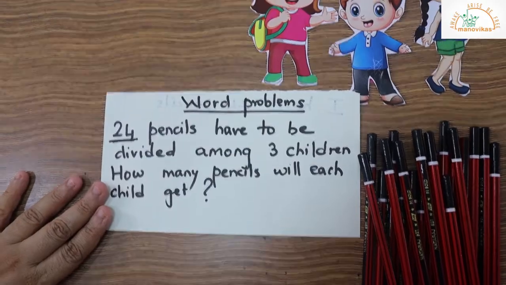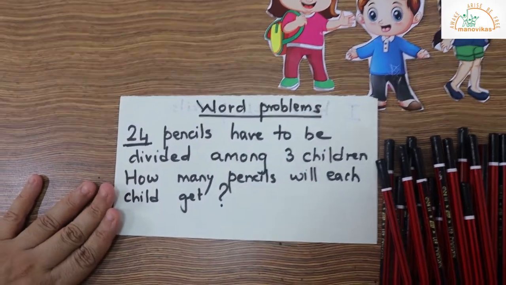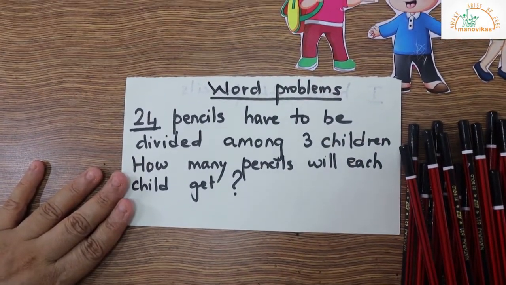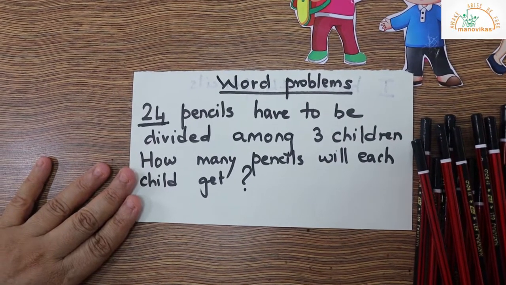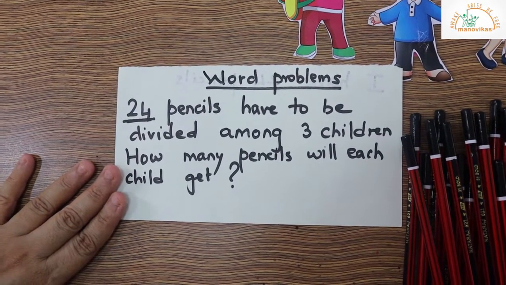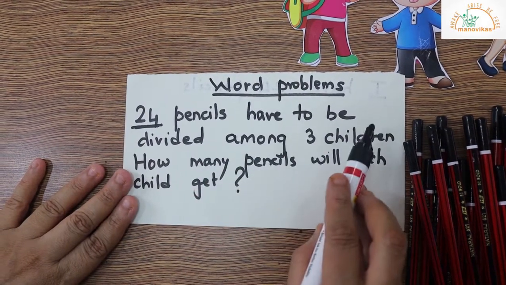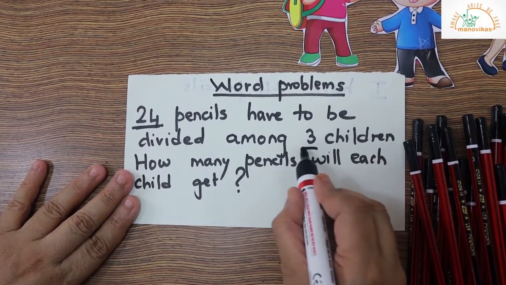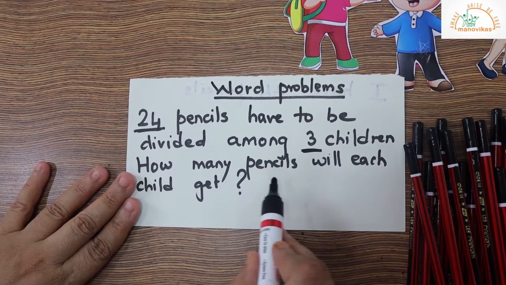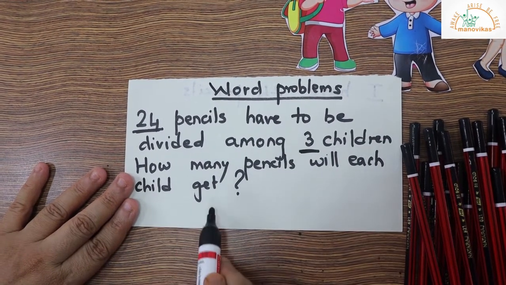Let us apply the concept of division that we have just learned to solve some word problems. Children, I have a problem here. 24 pencils have to be divided among 3 children. How many pencils will each child get?